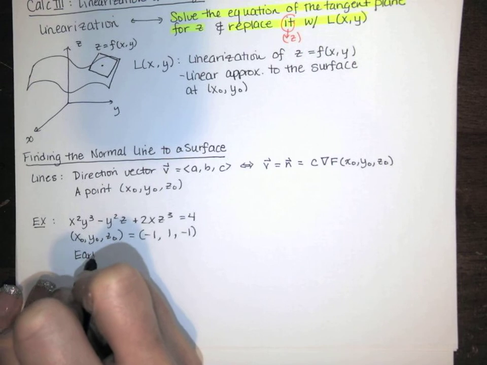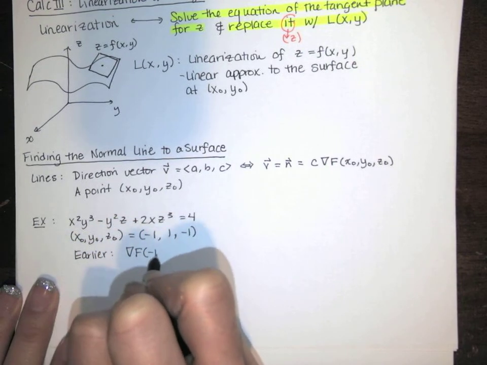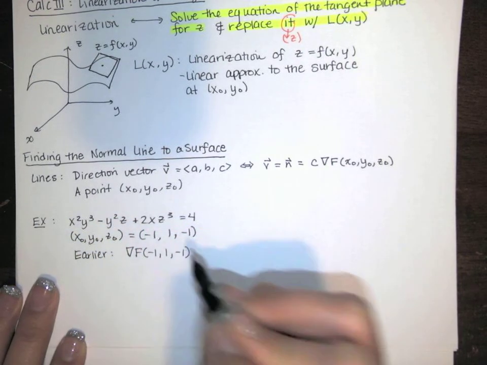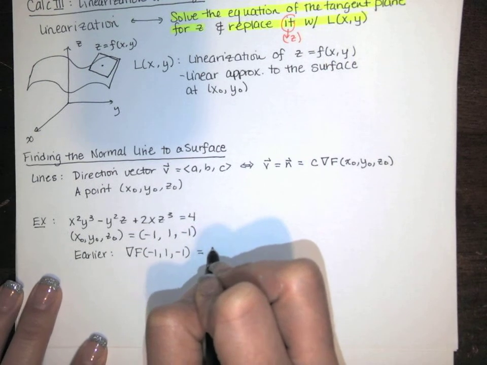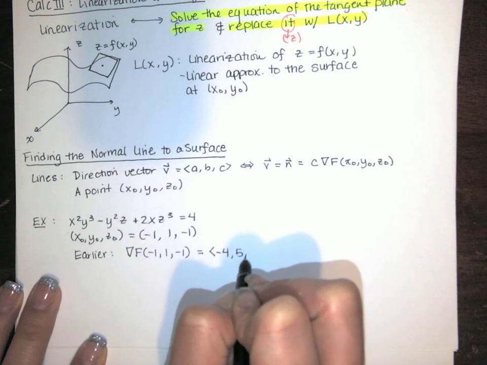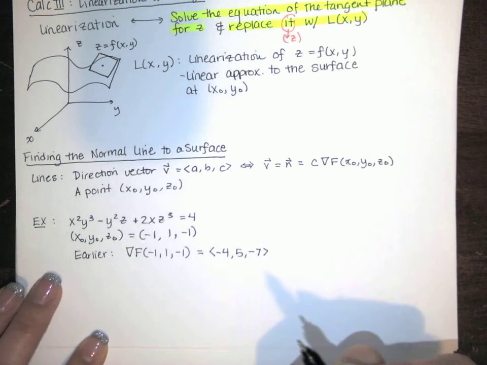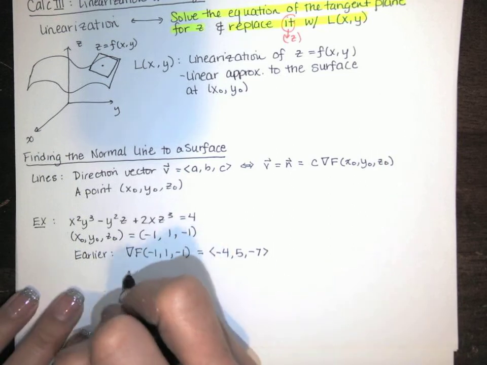So earlier we calculated this. The gradient of capital F at this point was -4, 5, -7. Okay, so you could use that as your normal vector.